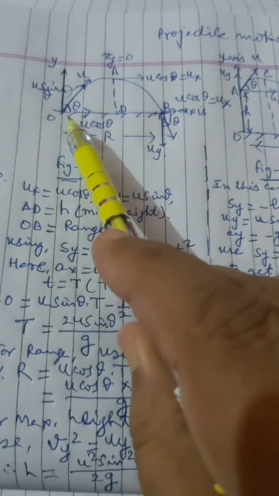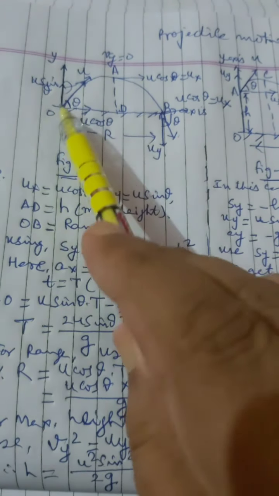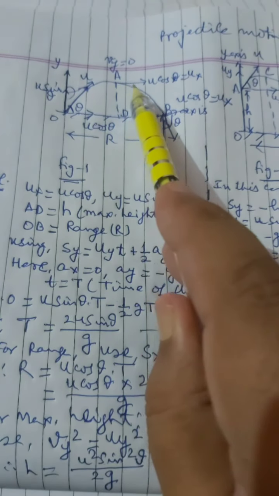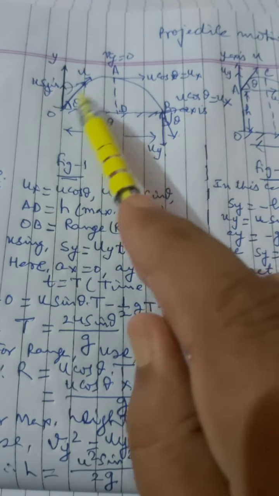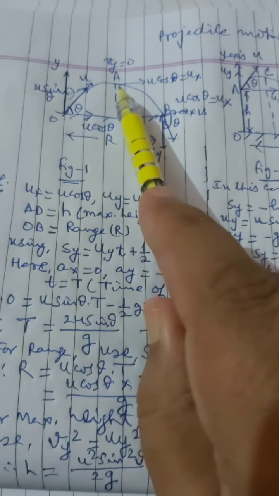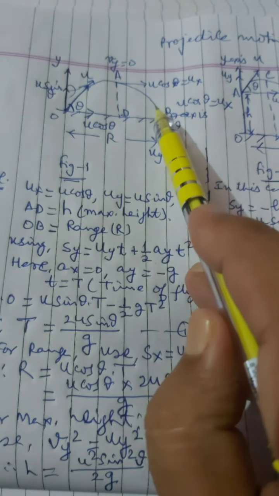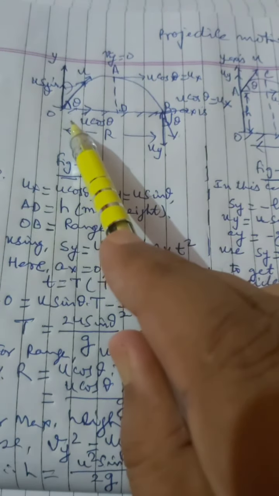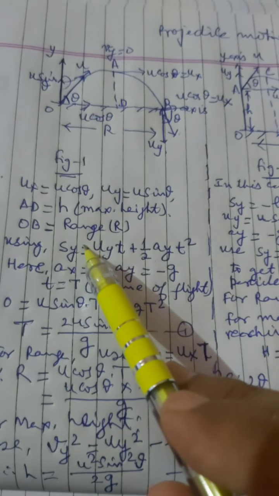Here motion in horizontal is uniform motion, and in the vertical direction motion is uniformly accelerated motion, that is speed decreases when the particle reaches maximum height, and then again speed increases from A to B. So in uniform motion acceleration is 0.